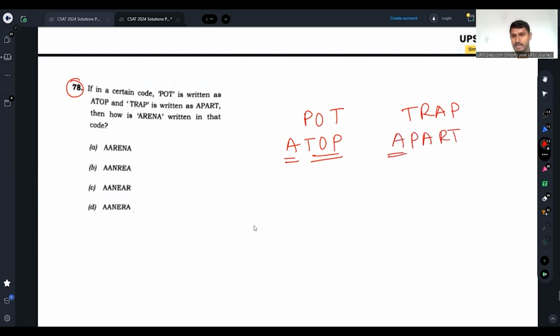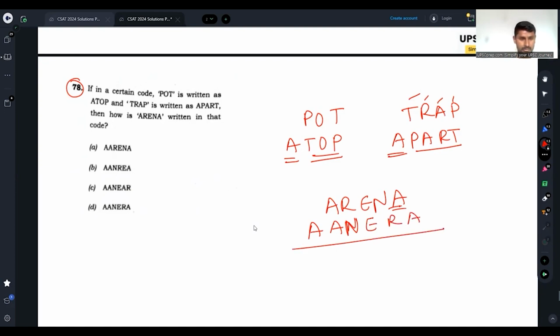A has been added additionally, and this TRAP has been reversed. What is the reverse of TRAP? PART. Then we have to find out ARENA. So I will have to add additionally A here, and reverse it, ANERA. It should be AANERA. So double A NERA, option D, will be the correct answer.